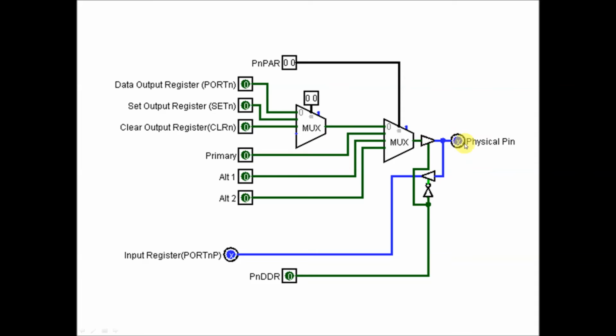Basically, this drives it. We can drive it high or low. If it's an input, then the system reads whatever it is and allows the outside world to drive it high or low. And basically, it's which direction. If DDR is 1, then it is an output pin. If DDR is 0, then it's an input pin, and we take it from the outside world.